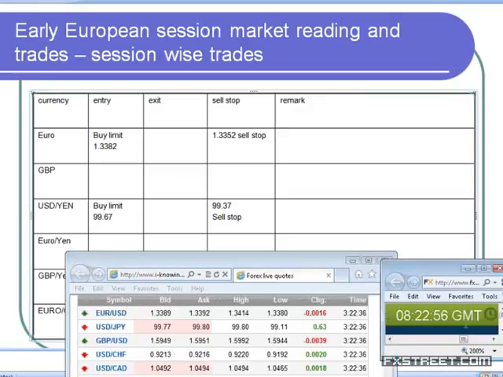And now the time is 8:22 GMT, and they stopped cutting the low in the case of GBP also. So we'll try to keep a buy limit order.